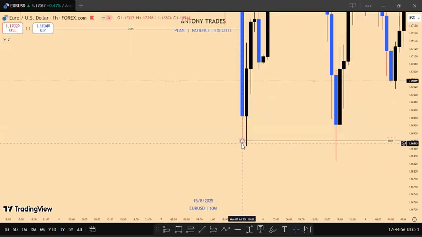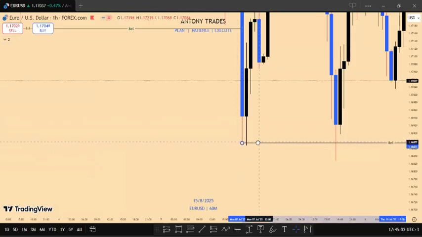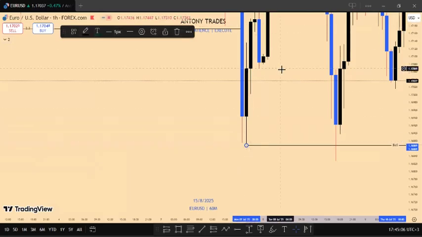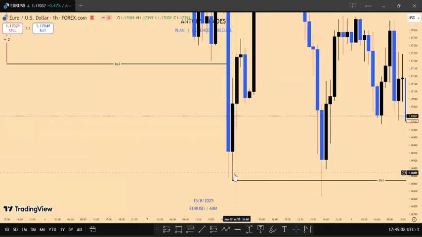So now that one qualifies for me as the beginning of a pullback. So this pullback is valid for me. First, I see the sweep of liquidity, but that sweep of liquidity alone does not qualify this one to be a valid pullback.